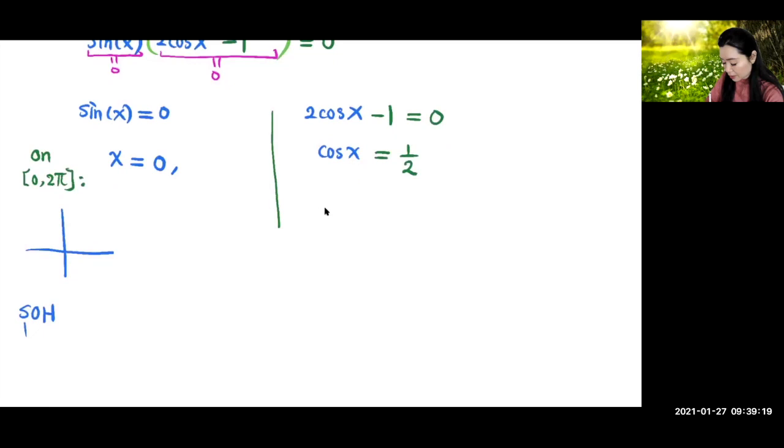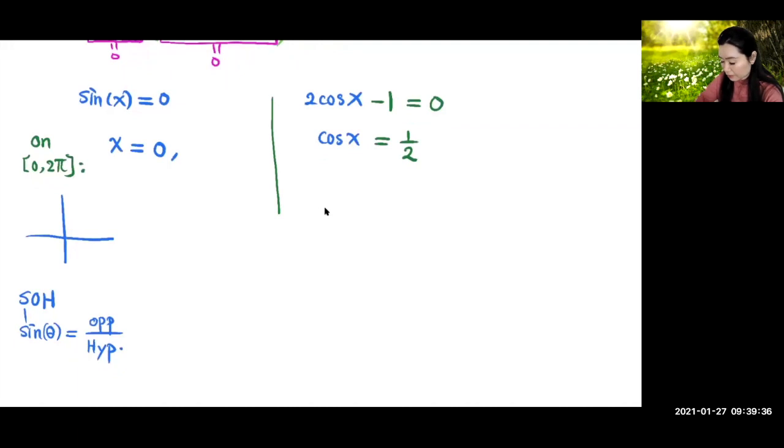So sine of theta is equal to opposite over hypotenuse. So over here you will have this angle 0, sine of that equal to 0, because the opposite side, the y over here, is 0. So 0 is one of them.